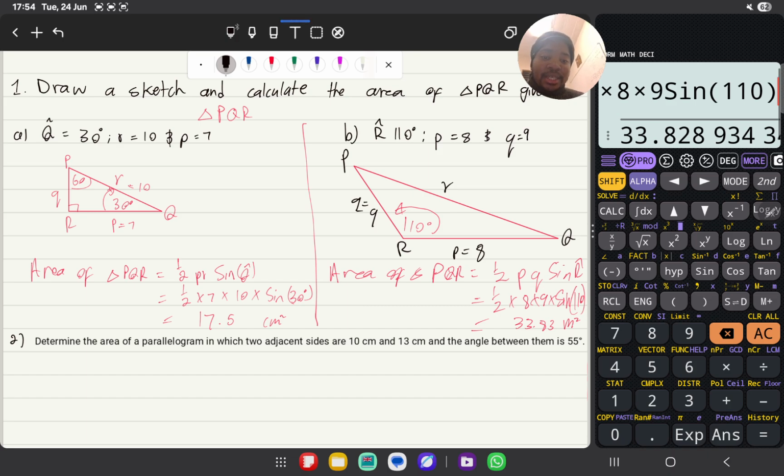What I'm saying is, you just need two sides that connect, and you know the magnitude of those sides. We have PR, we have QR. Yeah, PR and QR, they both connect to form 110 degrees, right?